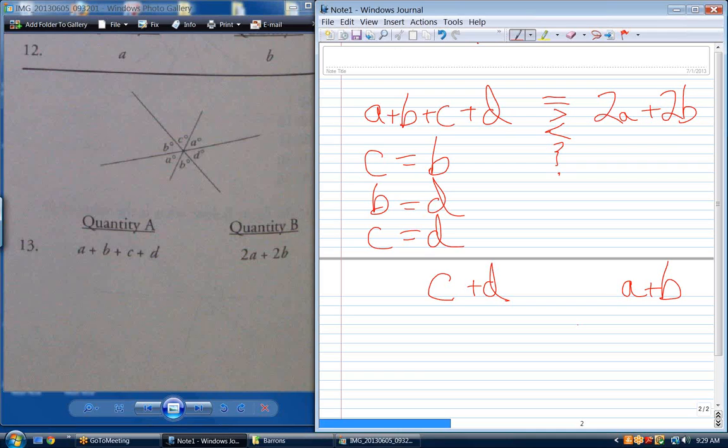Now we know that C is equal to B, so I can subtract a C from both sides, and I get D compared to A. Now, if we look at the picture, which one is bigger?